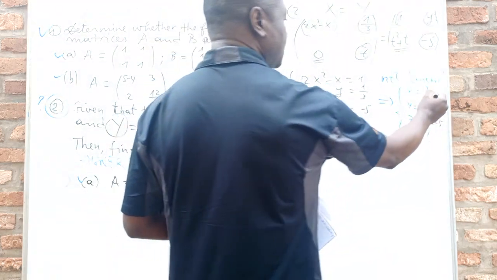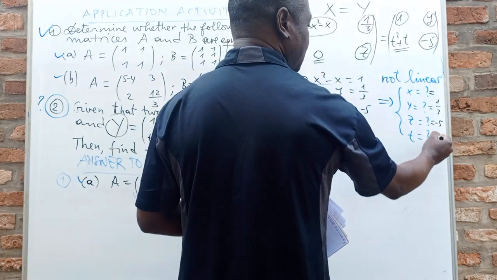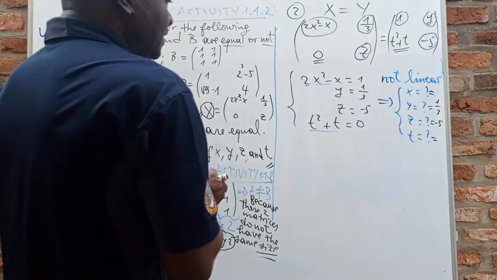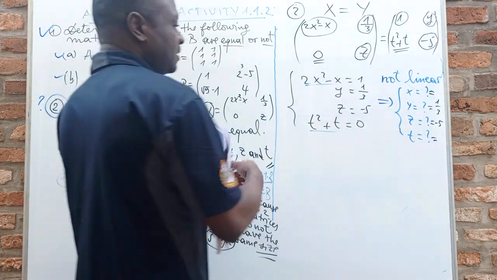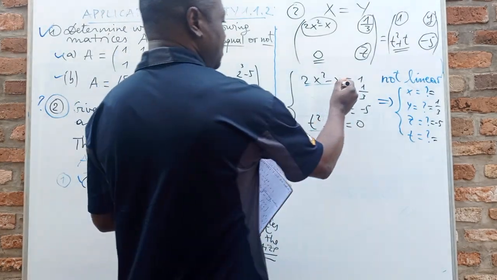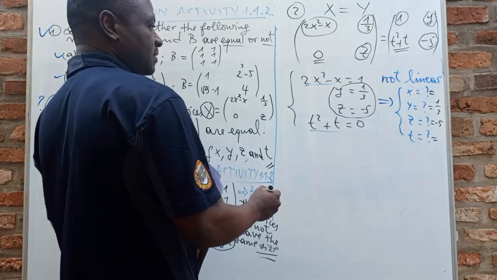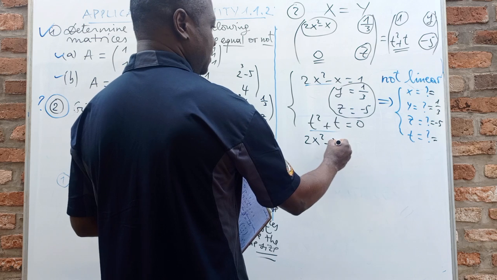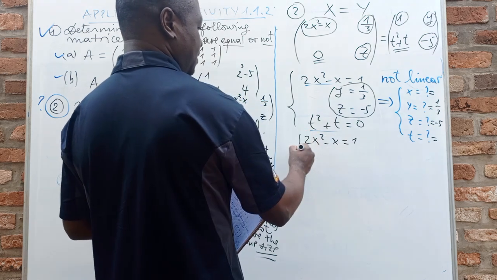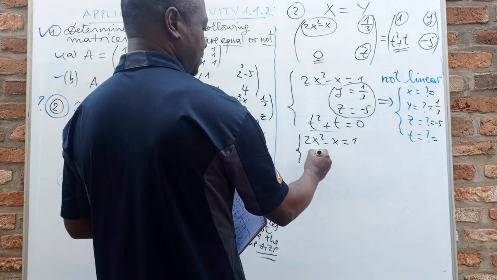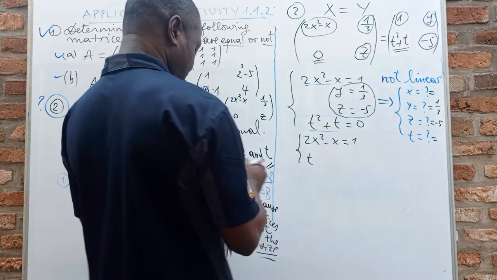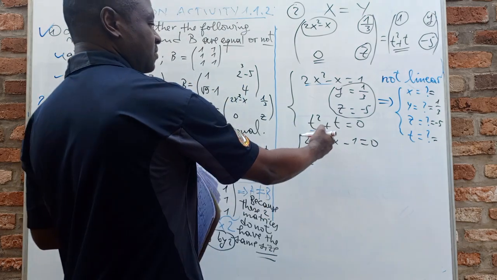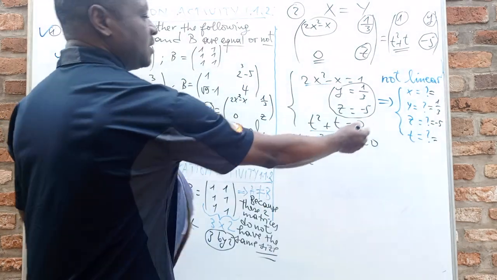Now we are concerned with the value of x and the value of t, so we need to solve the first equation and the second one. The first can be written as 2x squared minus x minus 1 equal to 0.